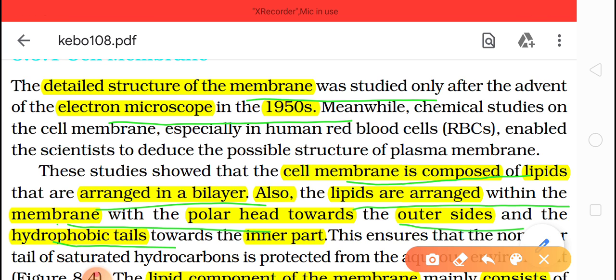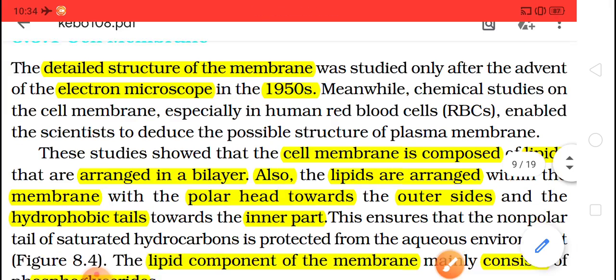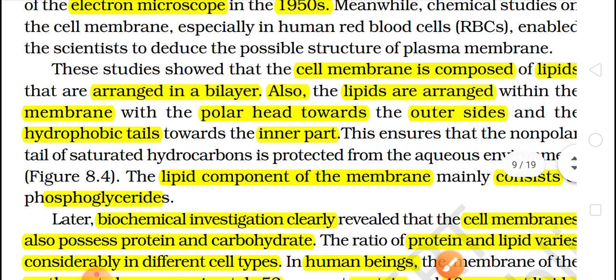Okay, I repeat once again: lipids are arranged within the membrane with the polar heads towards the outer sides and the tails, that is hydrophobic, on the inner side. Children, this ensures that the non-polar tails, saturated hydrocarbons, are protected from the aqueous environment.